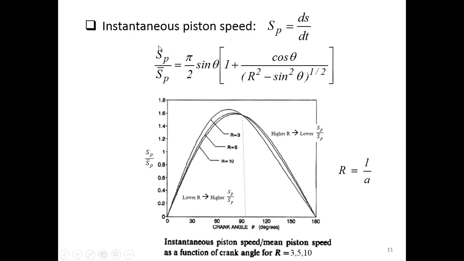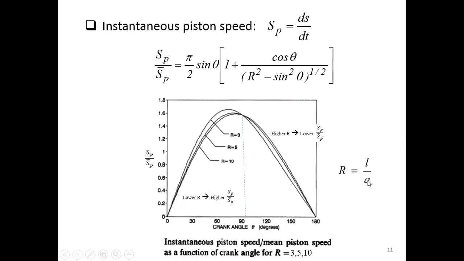And if we plot this ratio against the crank angle, because in this expression we have another variable, which is the crank angle or the crank position here, it shows you like this, according to different R. R is the ratio of the connecting rod to the crank radius.